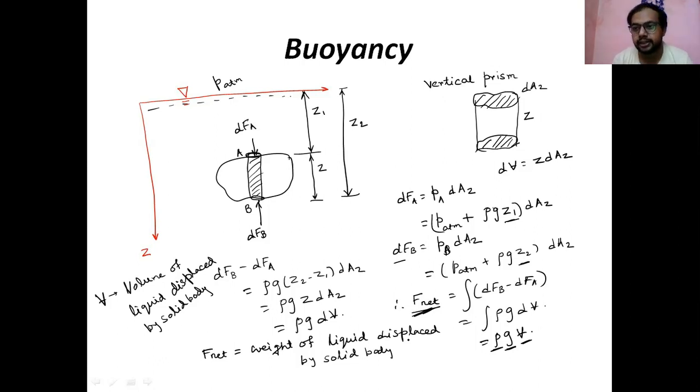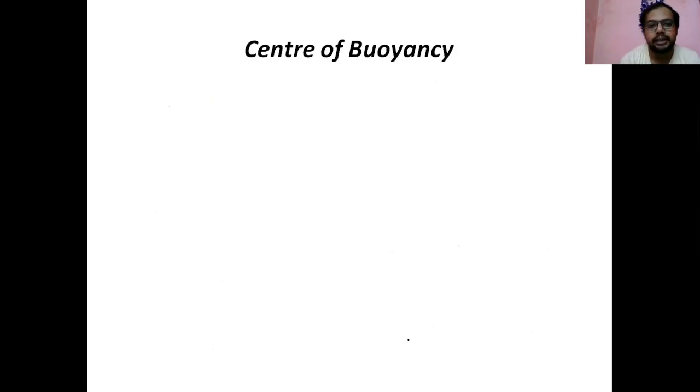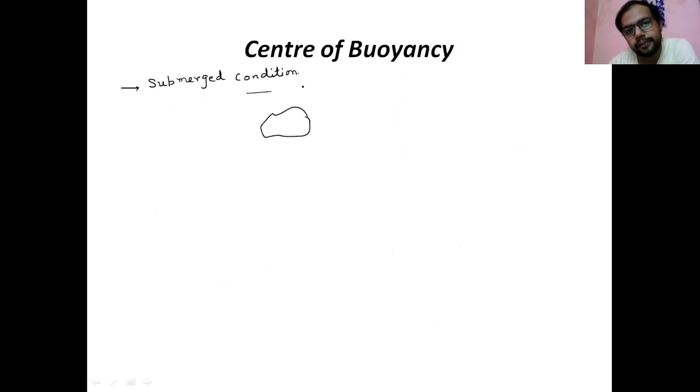It may be a floating condition also. Now we'll see two types of conditions. The first is the submerged condition, inside the liquid. In the submerged condition, suppose the body is submerged at this position, and there is a free surface.